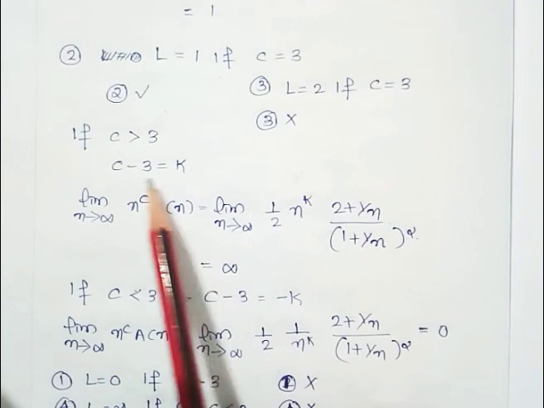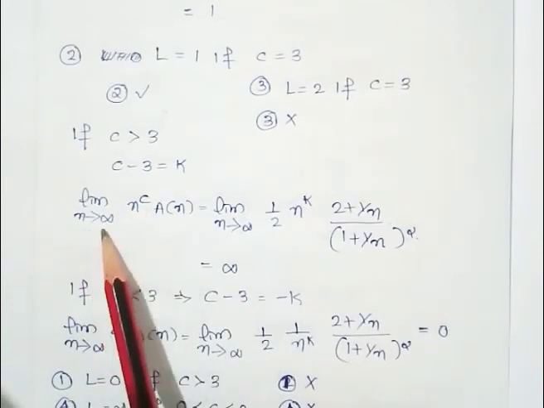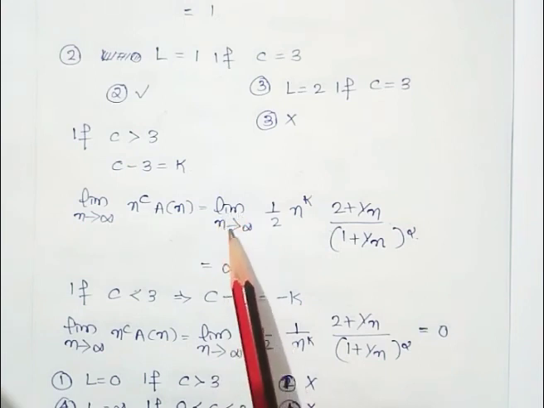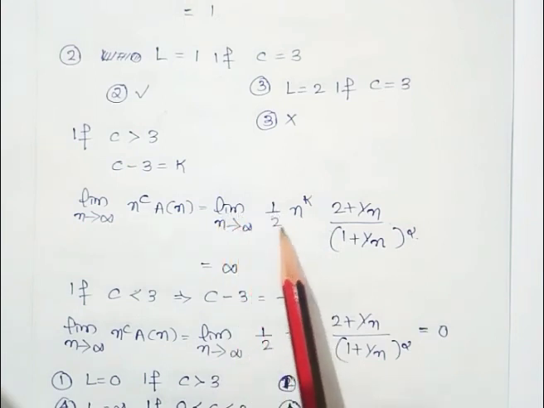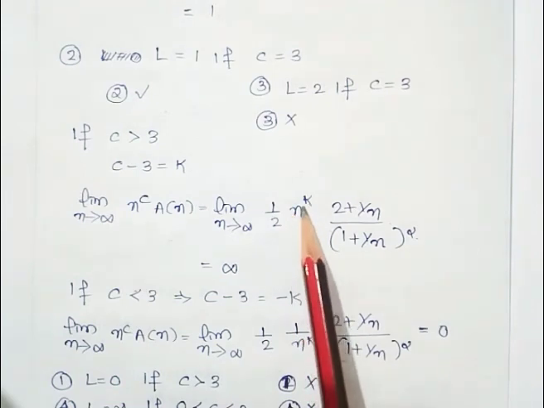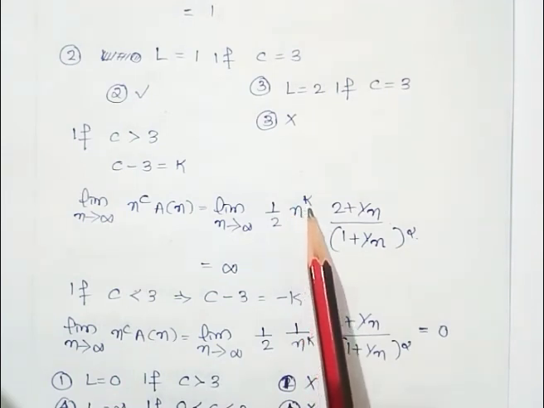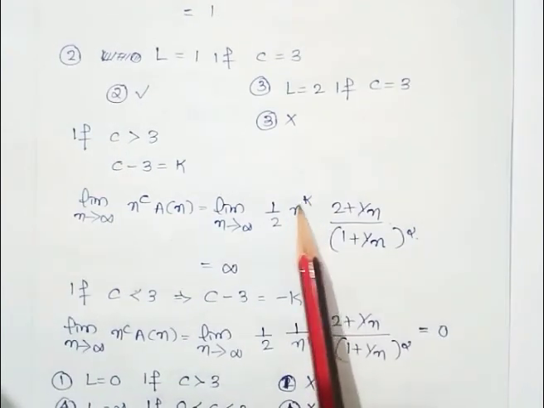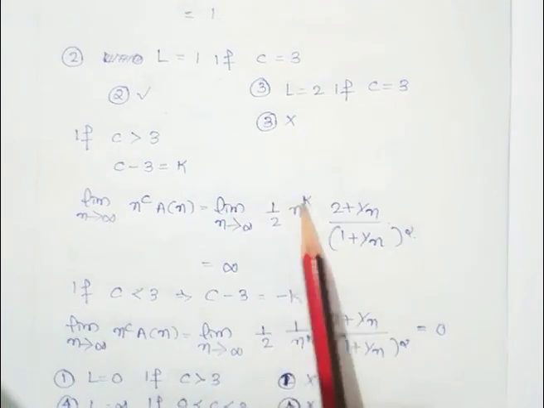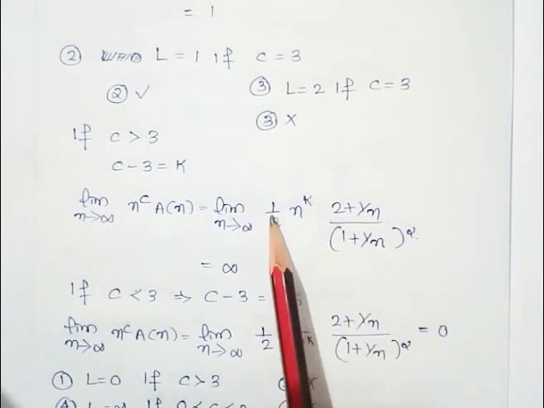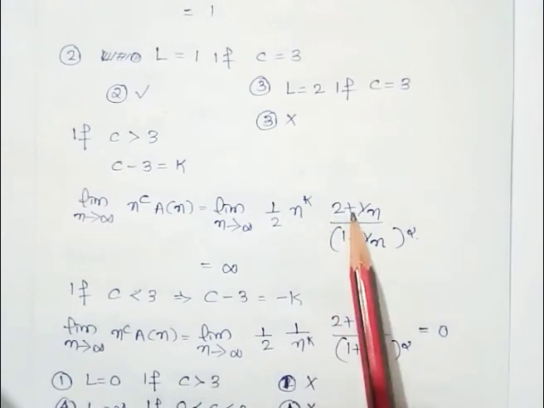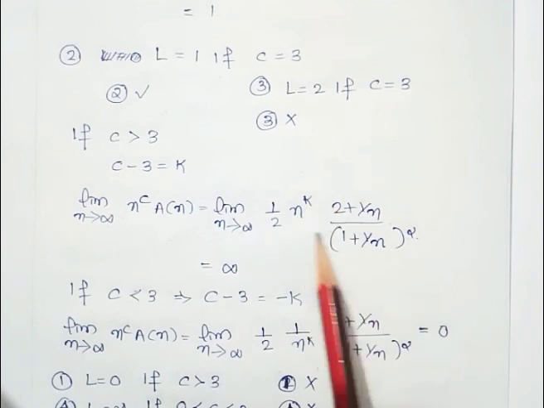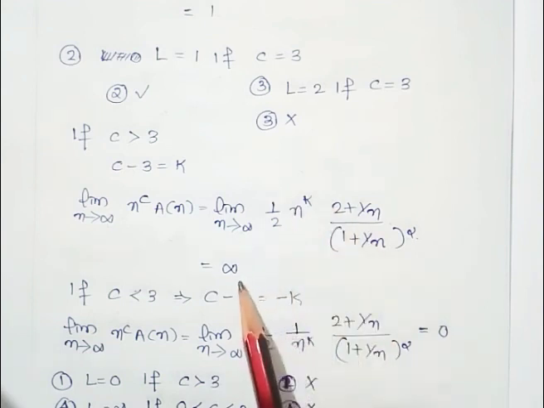Then the limit as n tends to infinity of n power C into a of n is equal to the limit as n tends to infinity of 1 by 2 into n power C minus 3, which will be replaced by K, so 1 by 2 into n power K into (2 plus 1 by n) whole divided by (1 plus 1 by n) all square. As n tends to infinity, this whole term approaches infinity.